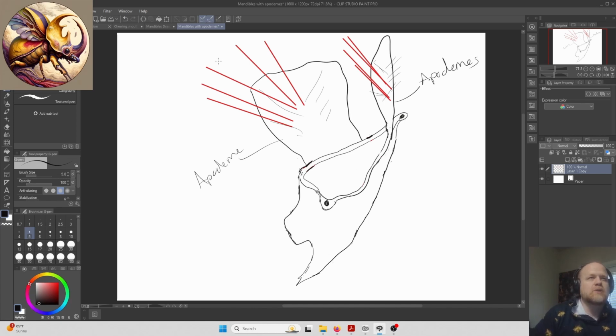So these muscles will frequently attach to like the tentorium, and these appendages are extremely strong. So even when you're trying to remove the muscle, or remove the mandible from an insect's face, these muscles are very strong, the appendages are very strong, and you really have to rip this off the face.